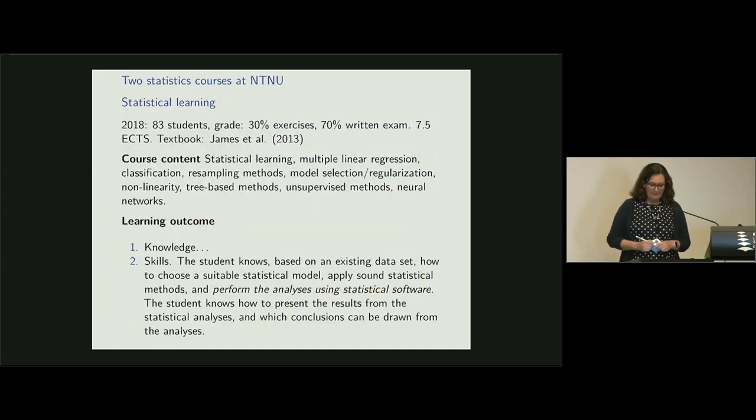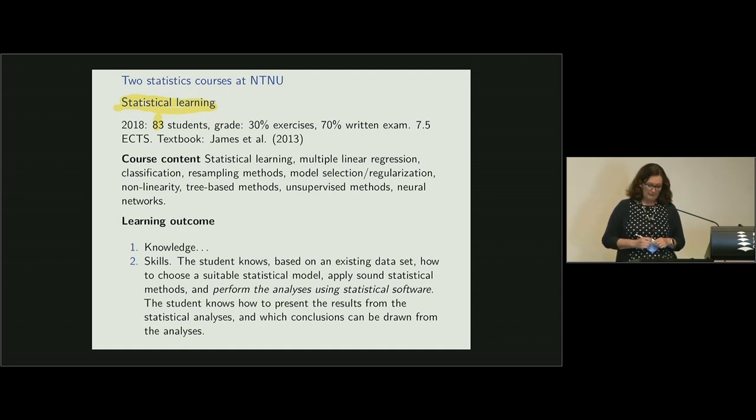So I've done something to 2 courses that I've been teaching the last year. So I'm going to tell you that there's a course in statistical learning that we gave for the first time in 2018. It was voluntary, so it wasn't really on the reading list on the programs for any of the students. We had around 80 students.